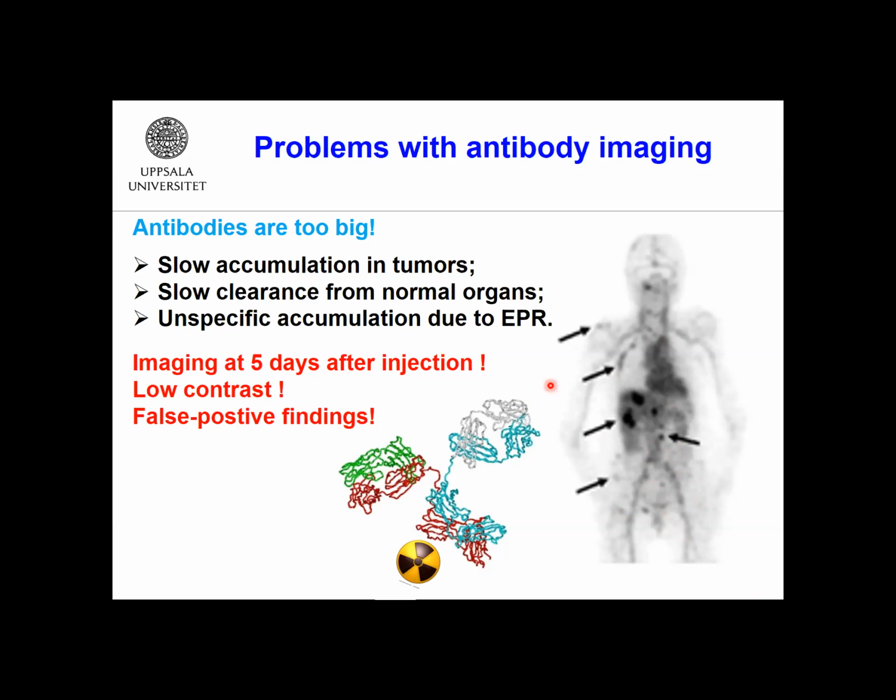The problem is that antibody can accumulate in tumors unspecifically, independent of their molecular target, due to the so-called enhanced permeability and retention, EPR effect. So then the imaging would be deceptive, because we would believe that the tumor is target positive while it's target negative.